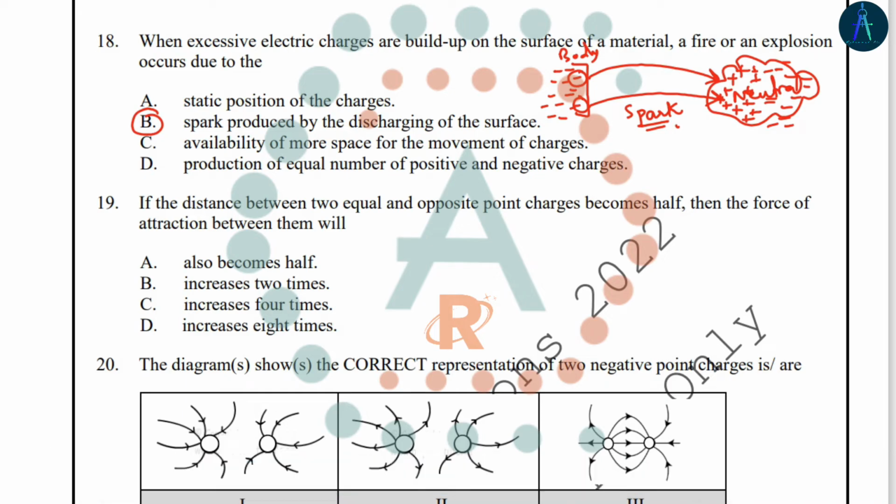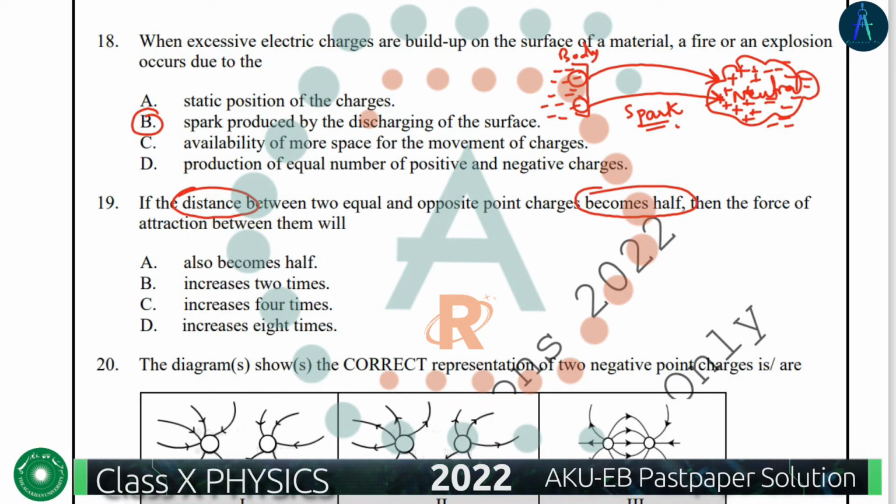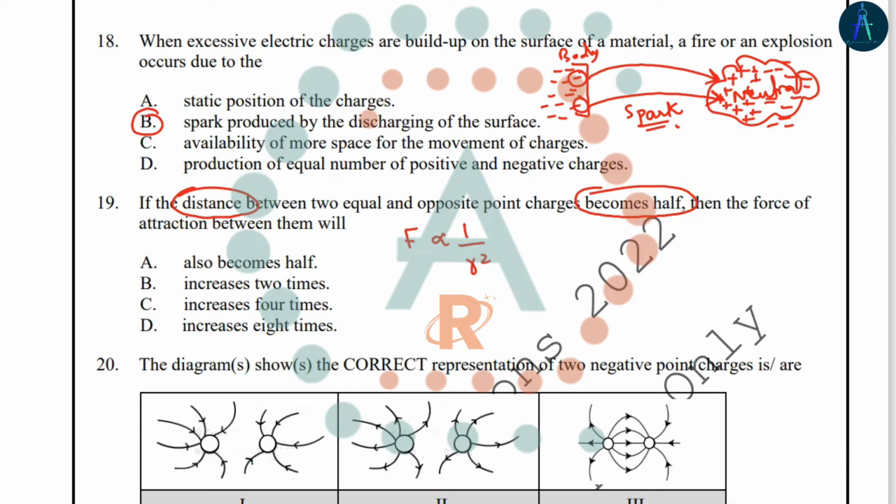The distance between two equal and opposite charges becomes half. What will happen to the attraction between these two charges? We know that force is inversely proportional to the square of the distance. So if we decrease the distance, the force will increase.